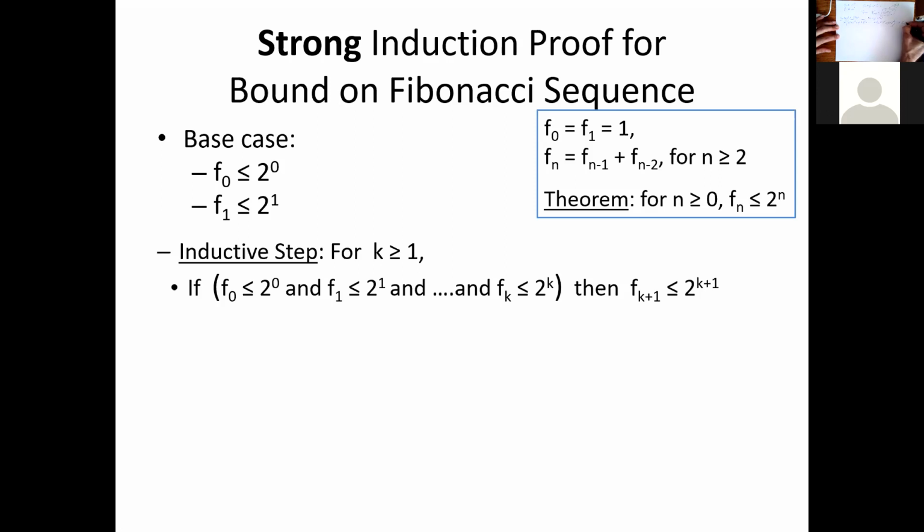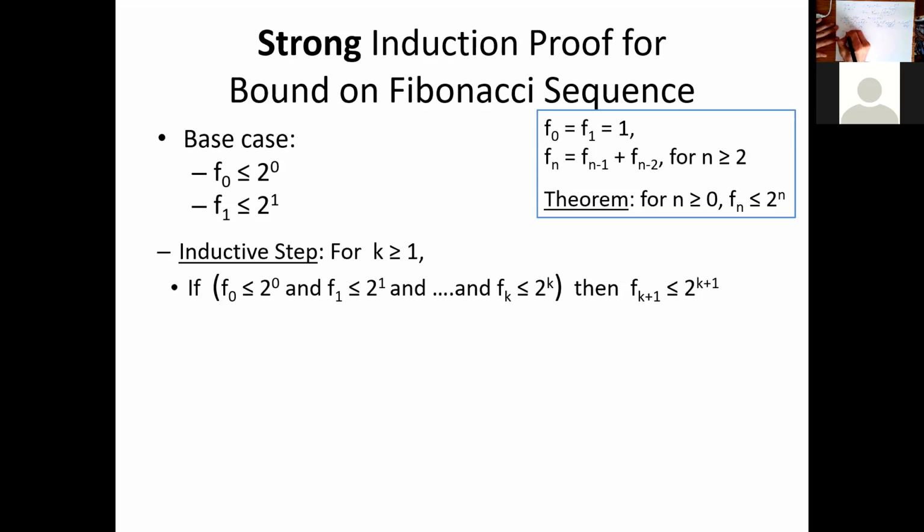So fk plus 1 is upper bounded by 2 to the k plus 1, right? So this is p of k plus 1, pk, pk minus 1, p2, p1, p0, right? Okay. So how do you prove that?